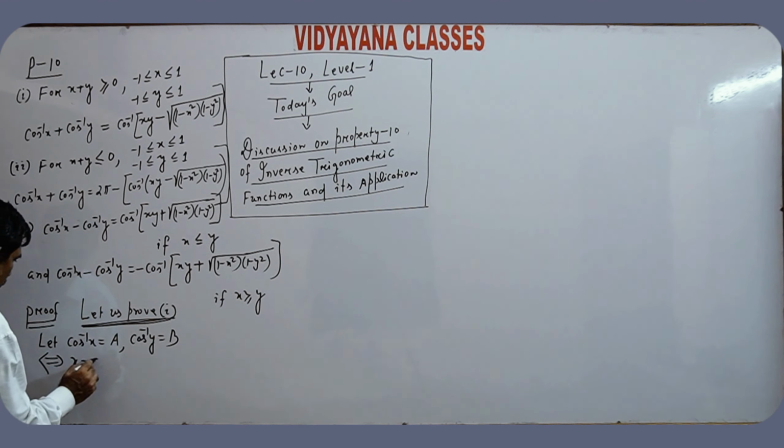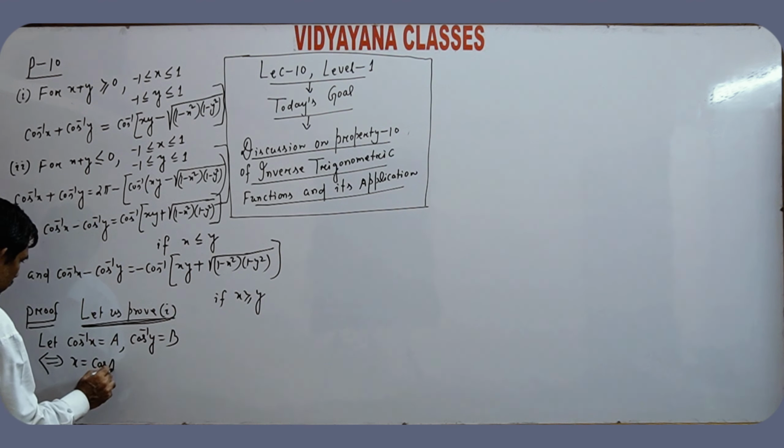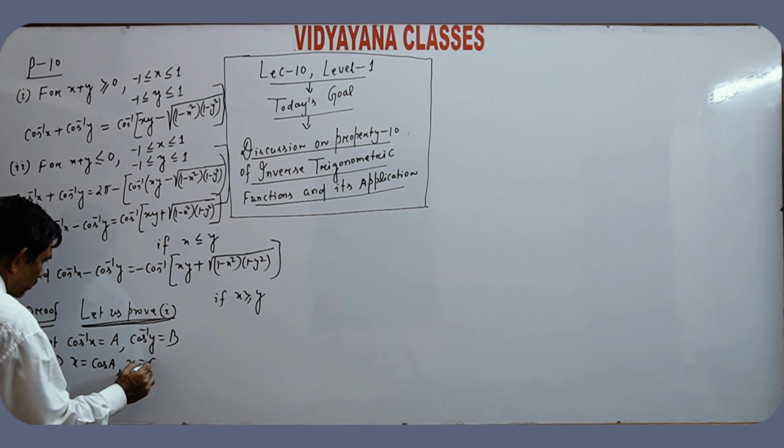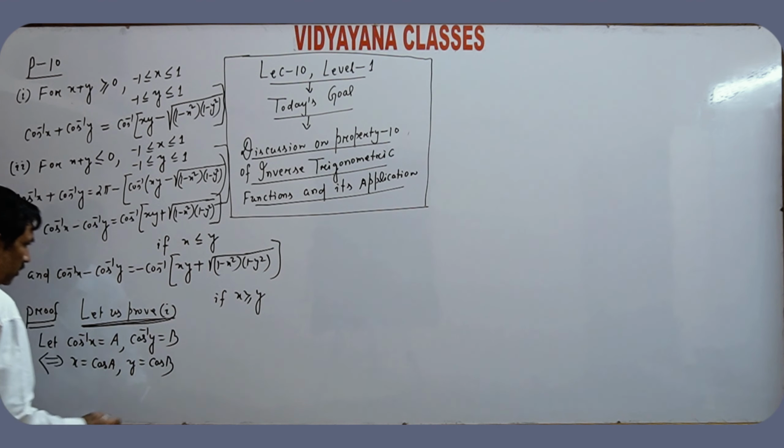which implies x is equal to cos a and y is equal to cos b.